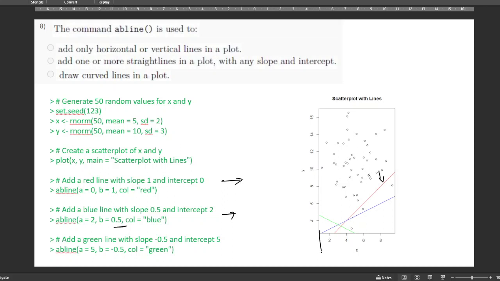Actually, here the plot should have been expanded to visualize it clearly. This one starts from 0, this is starting from 2, and this is starting from 5. They have given an intercept of 5 with a negative slope, that's why it is decreasing, and I'm giving it as green. This is how we can use abline to look at the trend and how the values are varying.